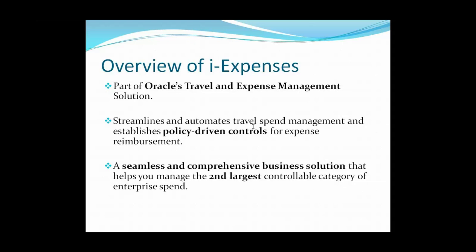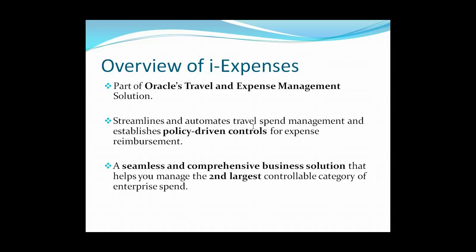This iExpense module can also give us a seamless and comprehensive business solution. Now these 2 words are very important: seamless and comprehensive. Seamless means that this iExpense module is seamlessly integrated with many other modules of EBS like Oracle Payables, Oracle Approval Management Engine, Oracle Projects, and all.